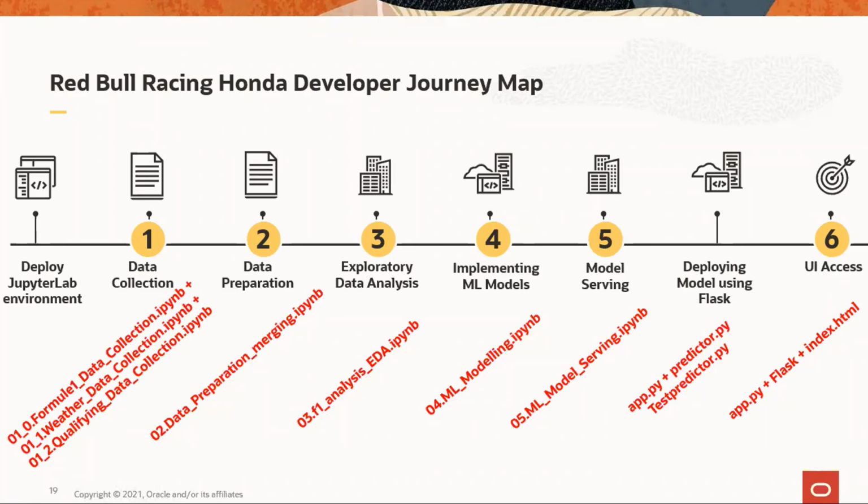After that, we'll go into another workbook to prepare and merge the data so that we can use it in building a model. We'll then look at another notebook for the exploratory analysis. And as you can see, we have one for modeling, for the model serving, and then actually applying and testing the models, all then to be driven through a Python application that's using Flask and an HTML application.